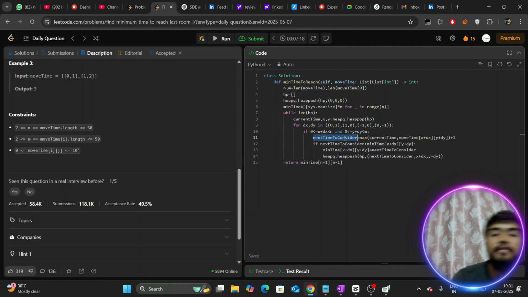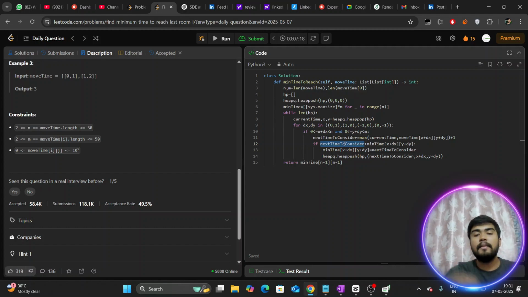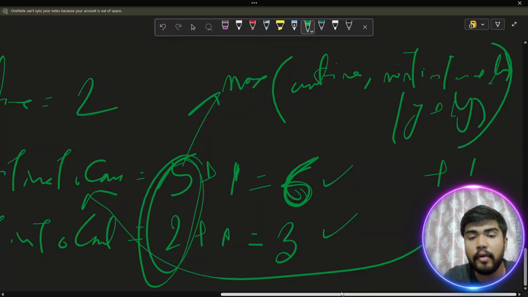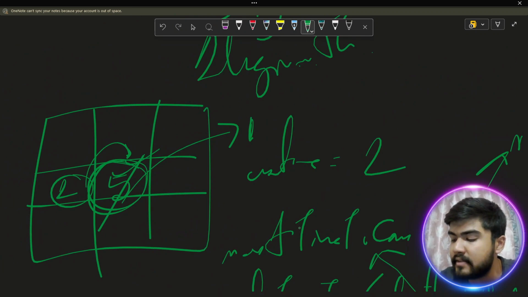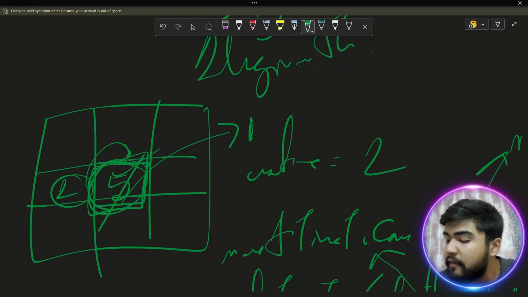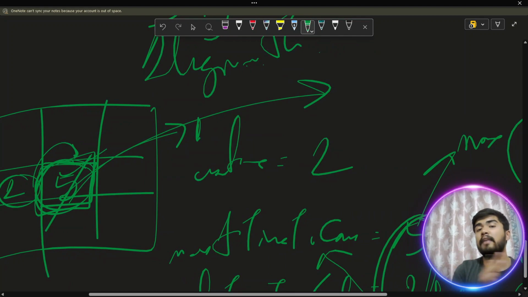Now we have used the standard Dijkstra things. If we go again to the OneNote, I personally feel I don't need to explain this, since it is the standard template that I have followed, but for the sake of simplicity I will quickly explain it. Let's suppose this cell is already explored with some lesser value.